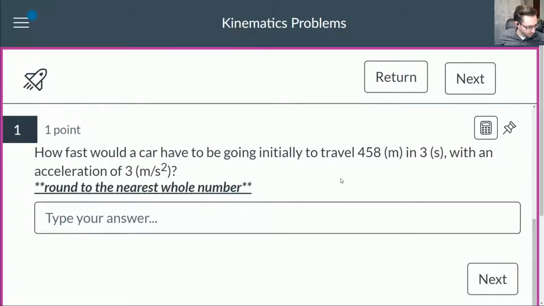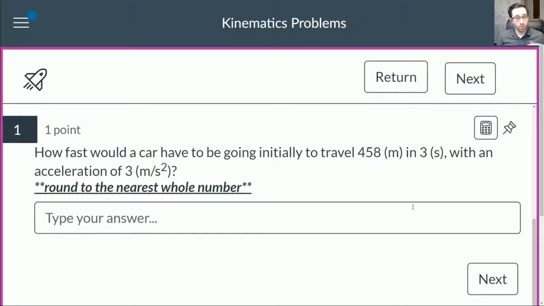Okie dokie. All right, so the first thing that we're going to do is write down what we need to find. The question says, how fast would a car have to be going initially to travel 458 meters in 3 seconds with an acceleration of 3 meters per second squared?